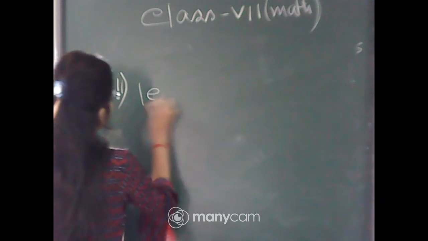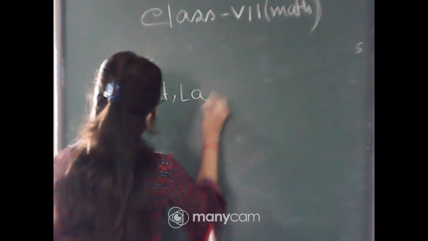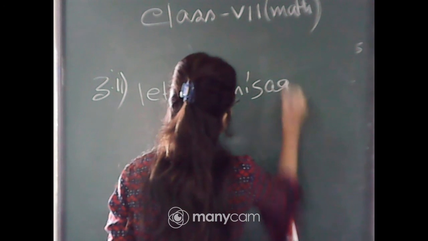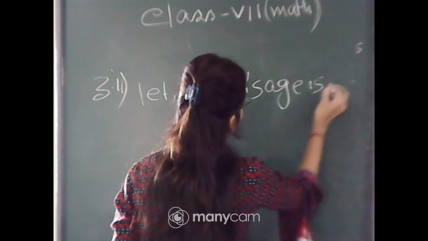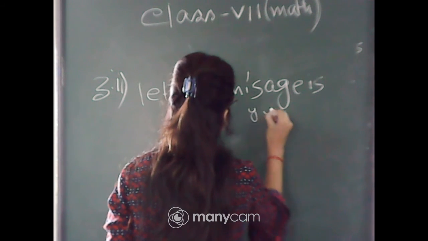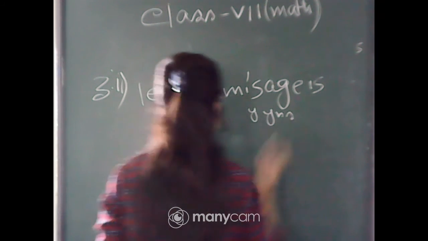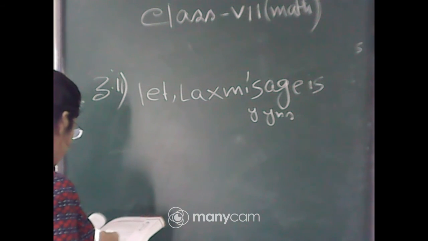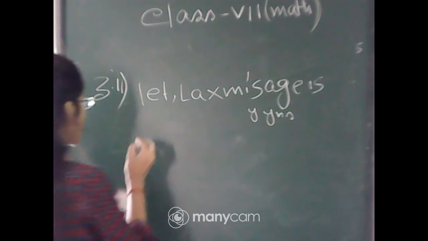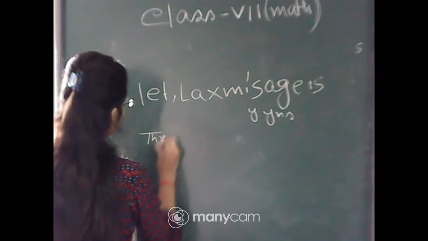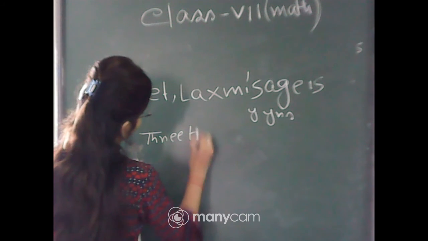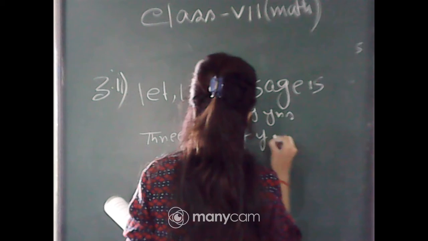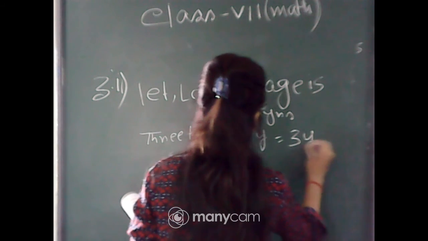Let Lakshmi's age be y years. Three times of y is equal to 3y.